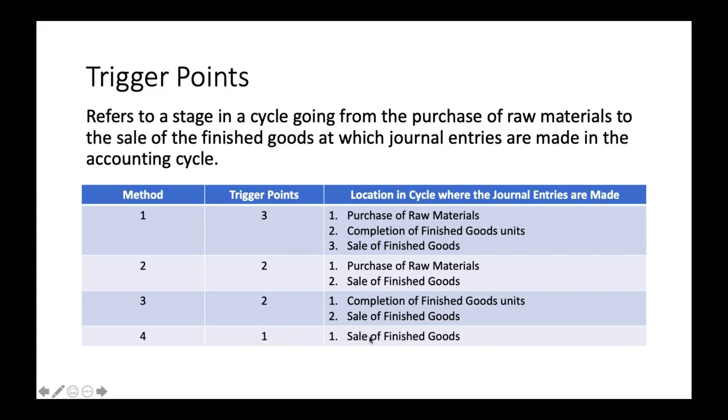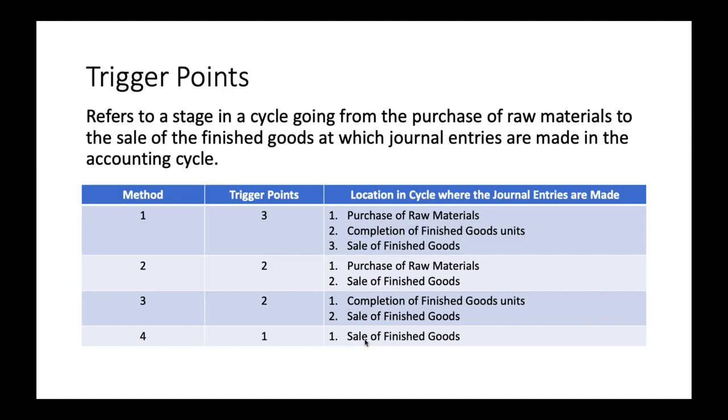Upon recognition of the inventory on trigger points, we also have to make other entries to account for other actual costs which are actually incurred, and we call it flushing back all the costs that we have incurred during the production process. But this time, instead of making an entry while doing it, we will make an entry after doing it. And that is why we call it flushing back all the costs.